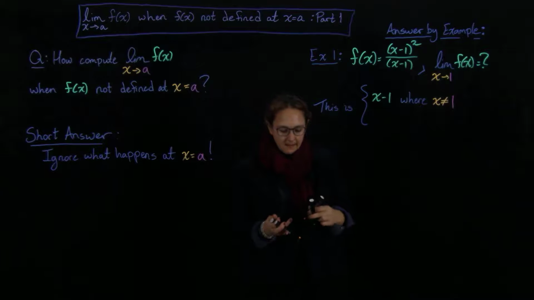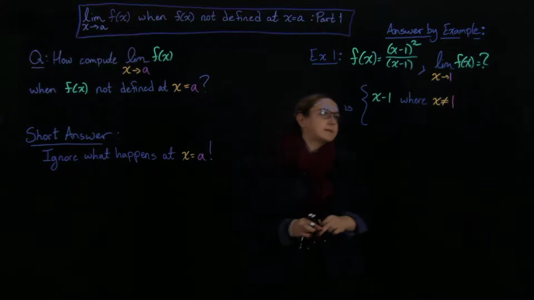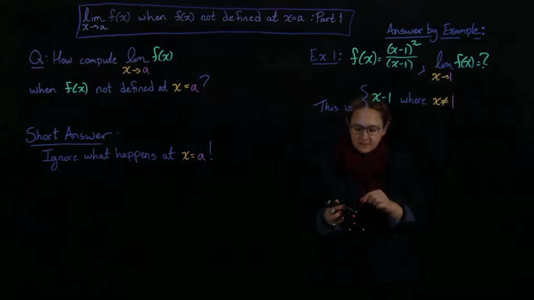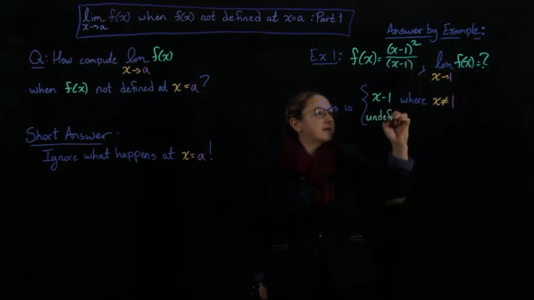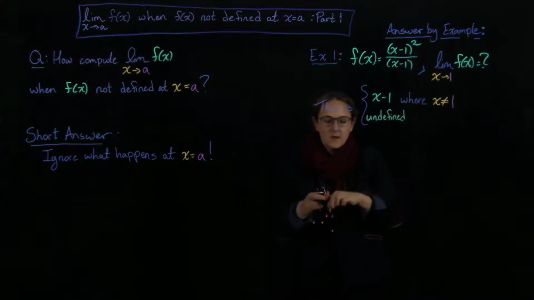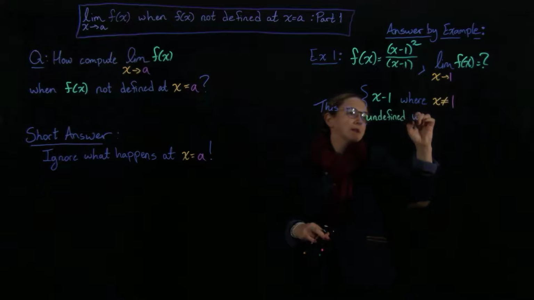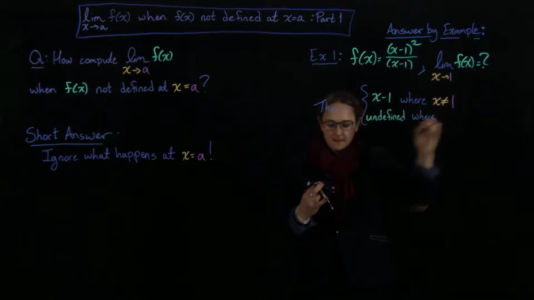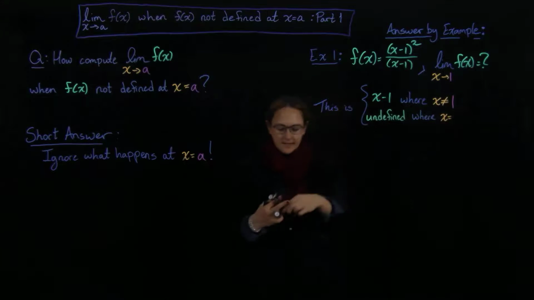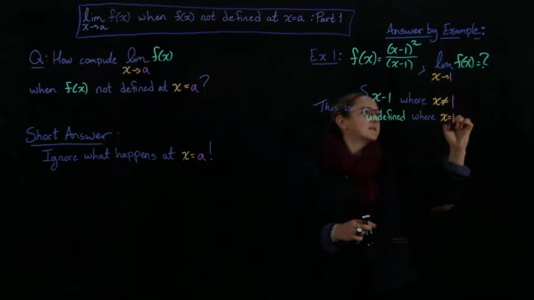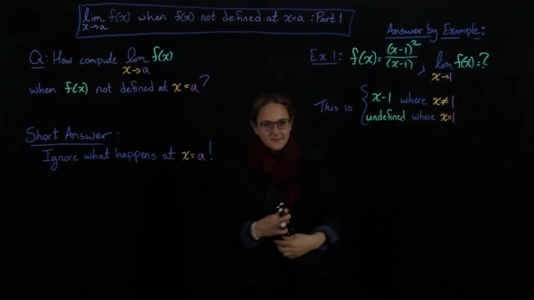Now what happens at x equals 1? It's undefined when x actually equals 1. So I can't just substitute in 1, as we've done in some other problems, to figure out the limit there.